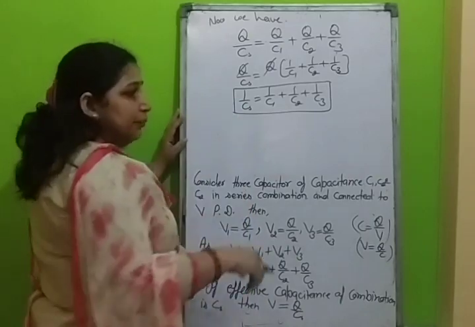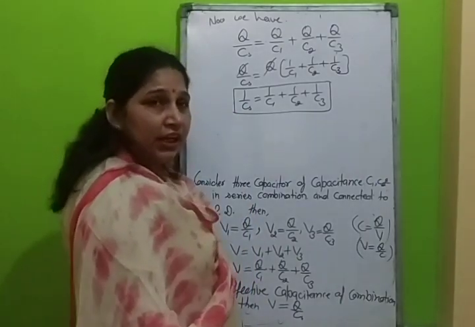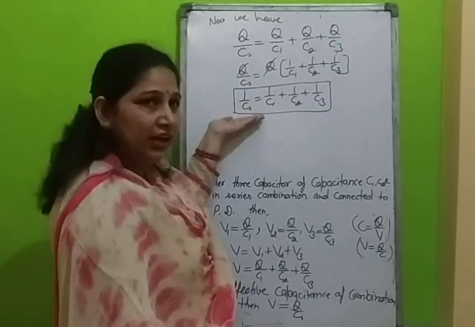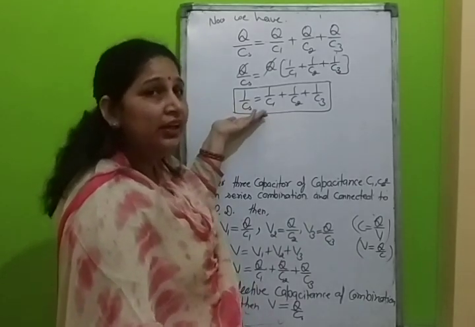And we know in the parallel combination of resistors, the effective resistance will decrease, and from this relation it is clear that the effective capacitance will decrease.